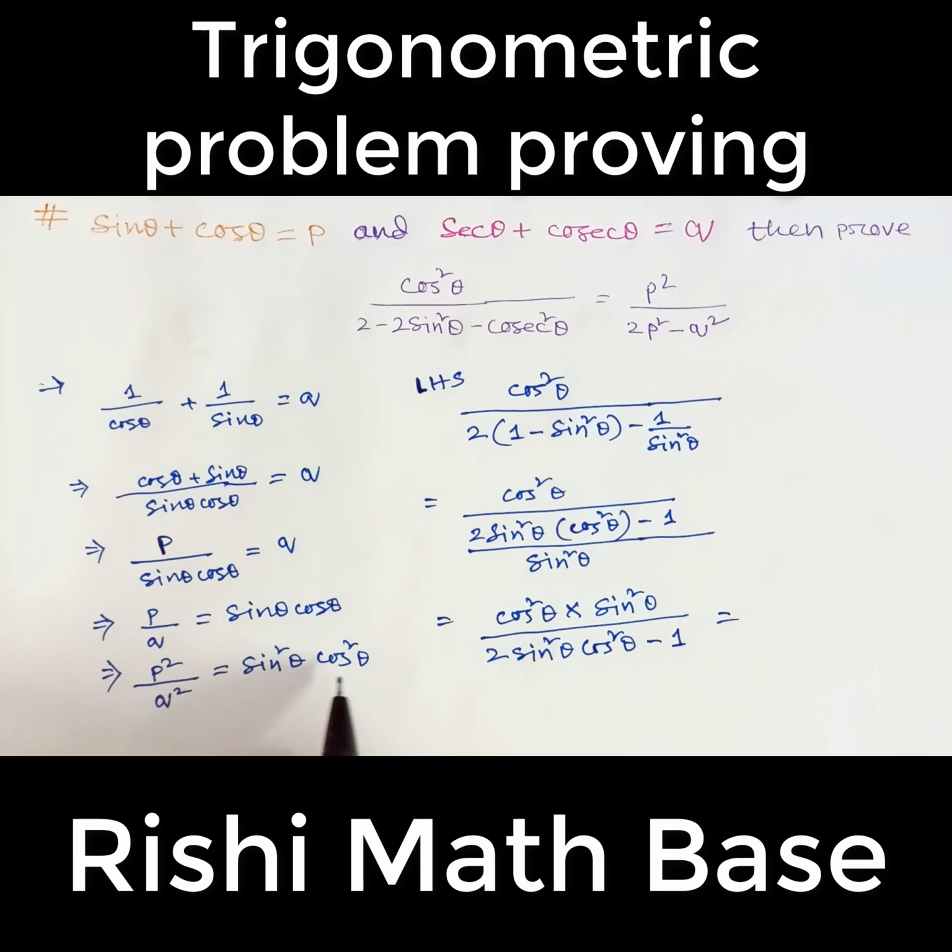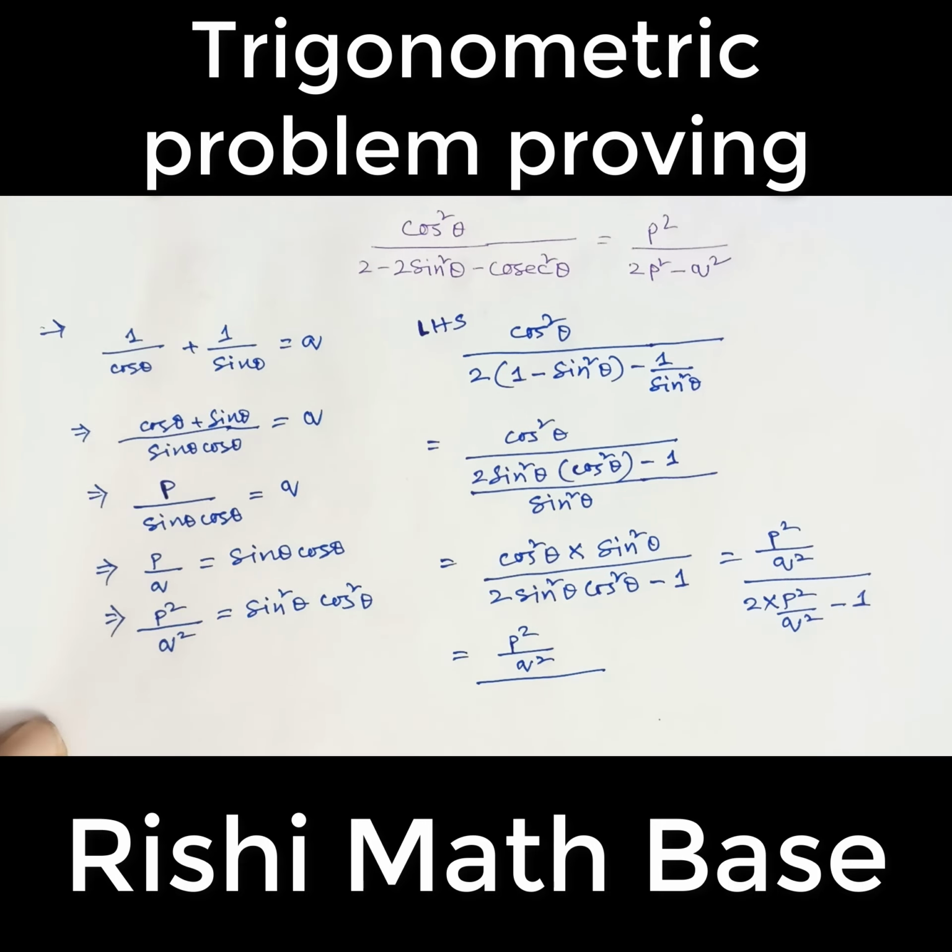We have already got the value of sin square theta into cos square theta, that is p square by q square. So we are writing p square by q square, p square by q square minus 1, p square by q square, q square the LCM, so 2p square minus q square cancel, so p square by 2p square minus q square.